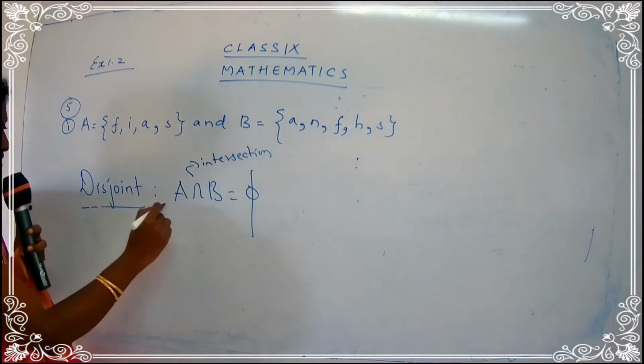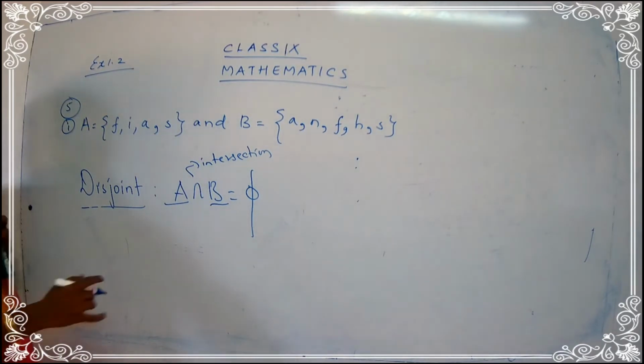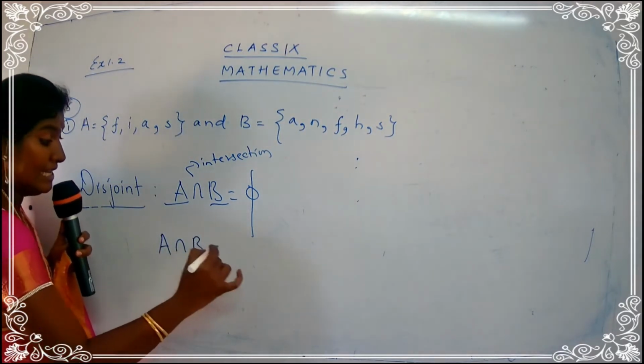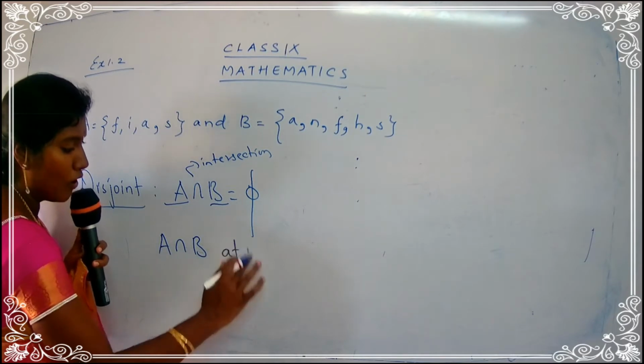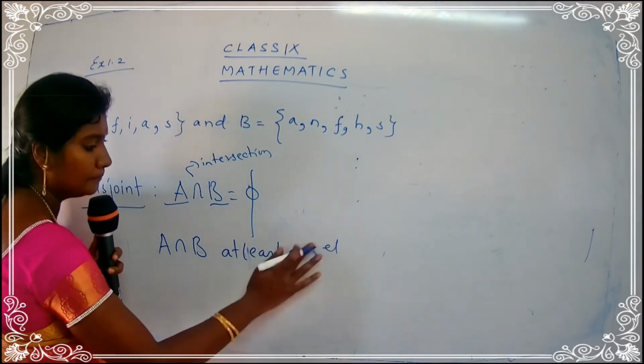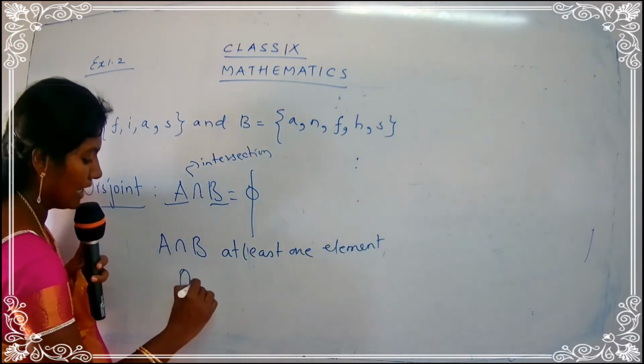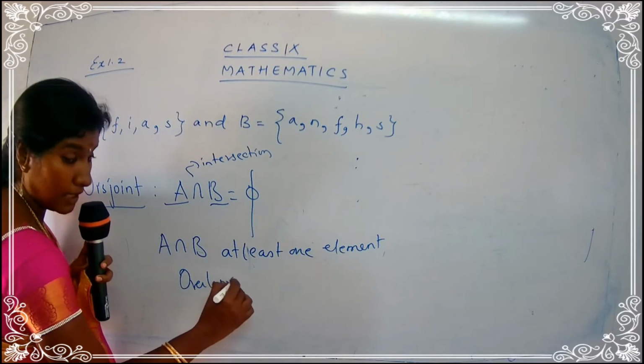If you have sets A and B and you don't have anything common, you call it a disjoint set. If you have at least one element common, we say it is an overlapping set. I hope you are clear, yes?